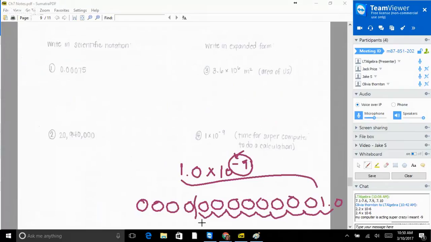So my new decimal is going to be here. It's going to have 8 zeros and a 1. So another way to write 1 times 10 to the negative 9th is 0. And then I got to do 8 zeros: 3, 4, 5, 6, 7, 8, 1. That's a 1 there at the end.